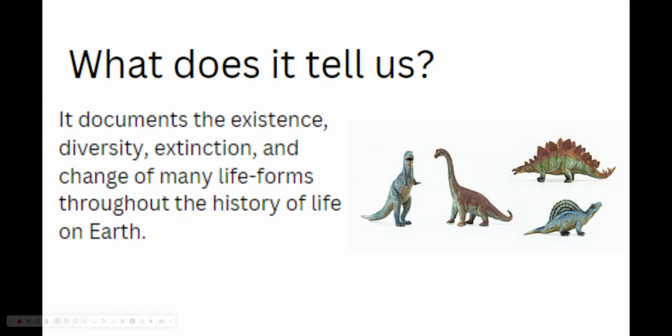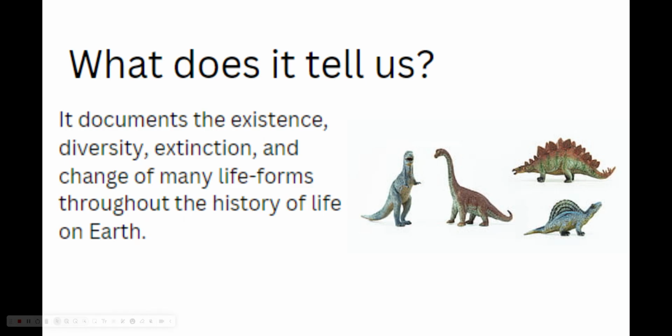It documents the existence, that these creatures or organisms existed, that they were alive. Diversity, that it wasn't all one thing, that there was a variety of different types of organisms alive. Extinction, okay, so the dinosaurs, for example, were alive millions of years ago. We know they are no longer alive, so they are extinct.